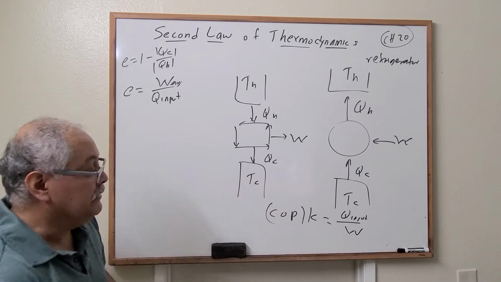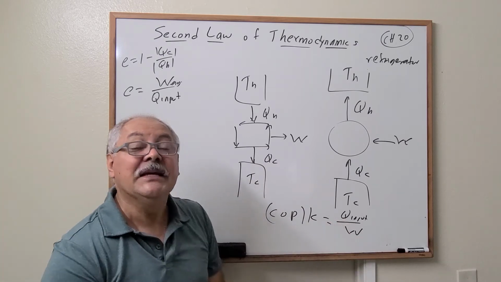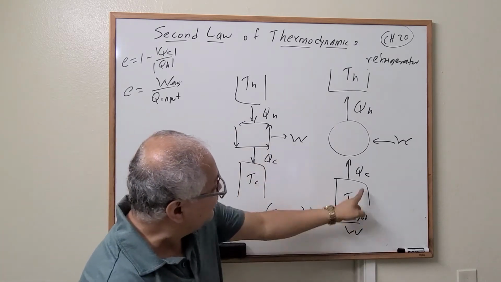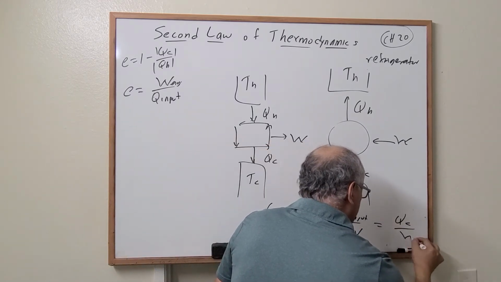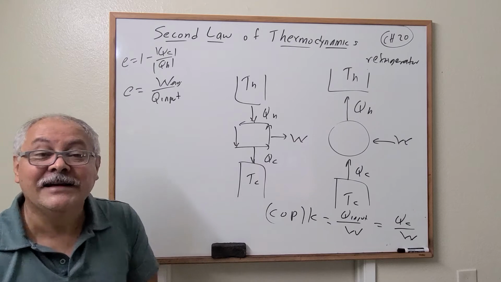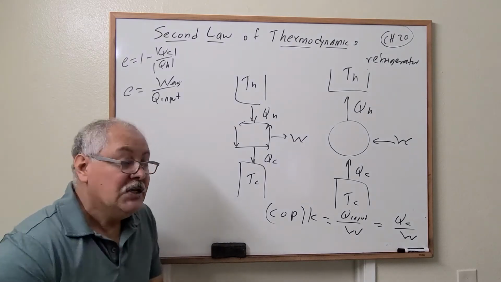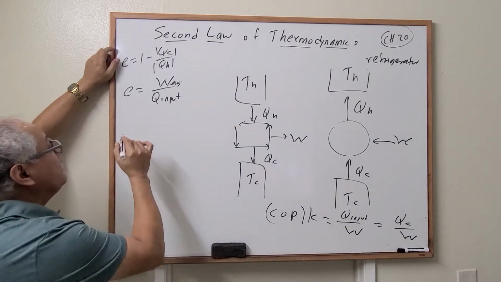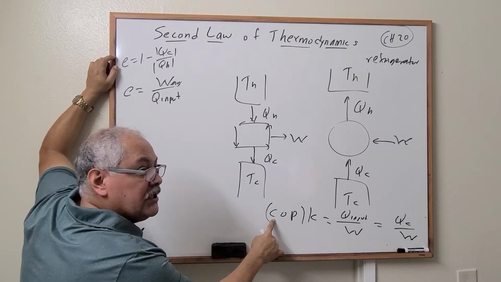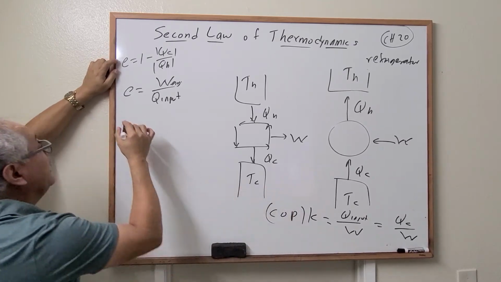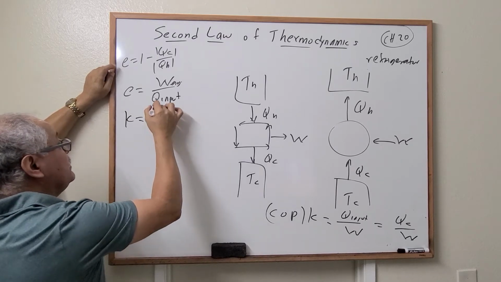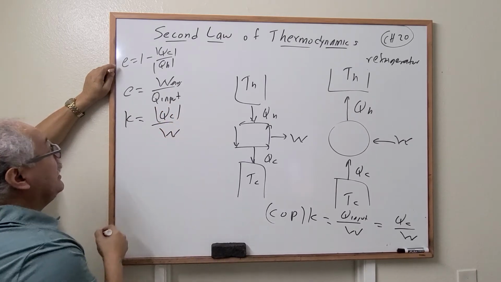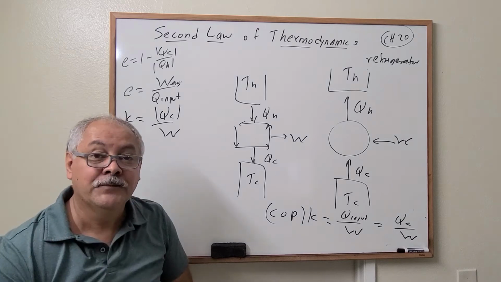But what is the input heat in this picture? The input heat is going to be QC, right? So this equals QC over the work. So this is the efficiency for the refrigerator, or coefficient of performance K. K equals QC over work, correct?